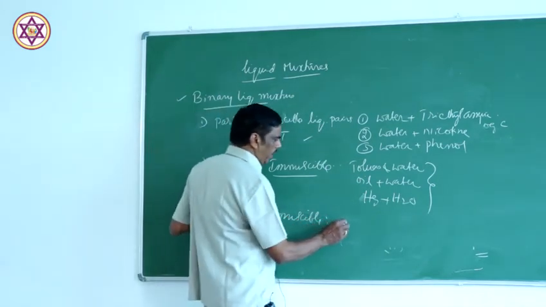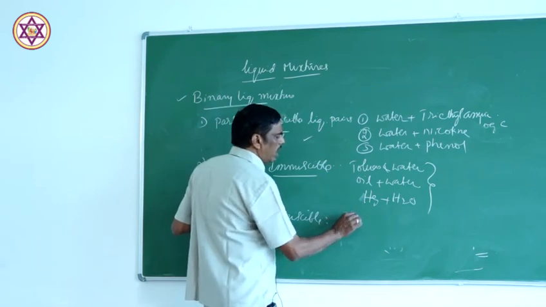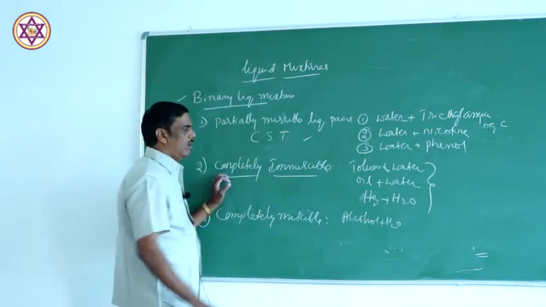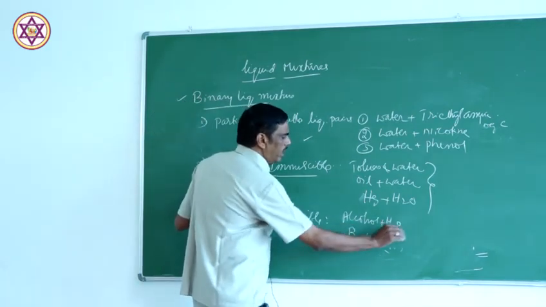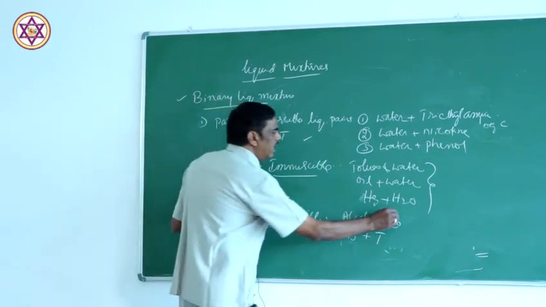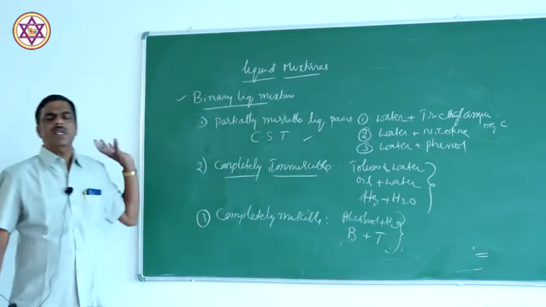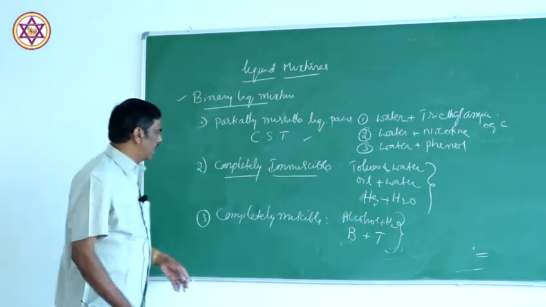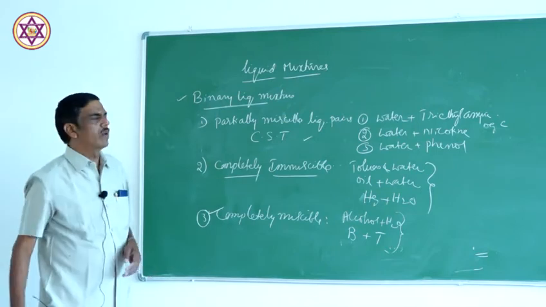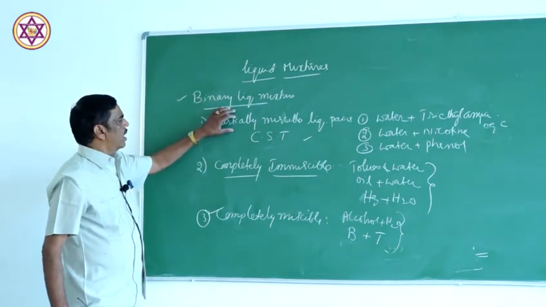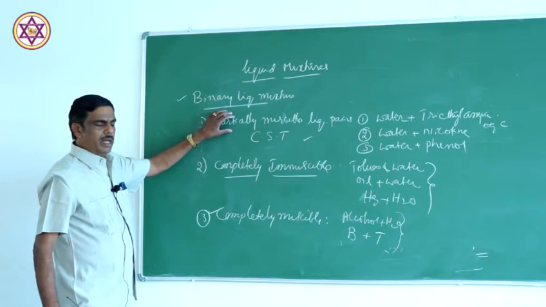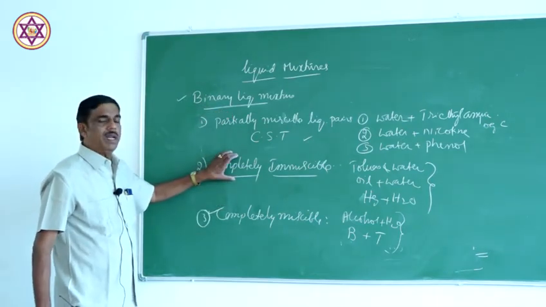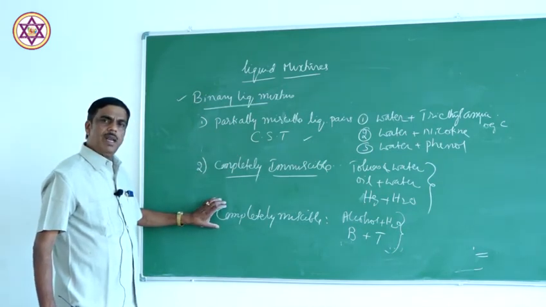A very important example is ethyl alcohol and water, and benzene and toluene. Irrespective of the temperature and the composition, they are completely miscible at all conditions. Those are called completely miscible liquid pairs. Therefore, these binary liquids can be classified into three classes: partially miscible, completely miscible, and completely immiscible liquid pairs.